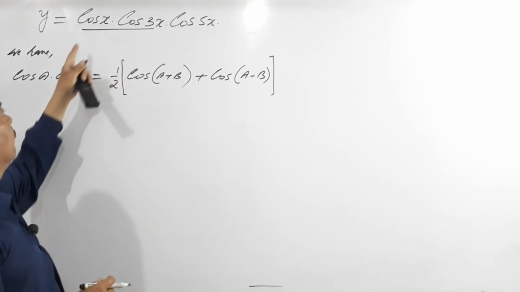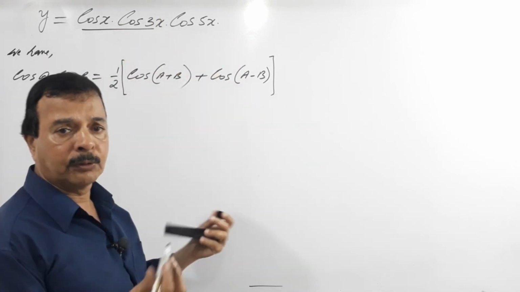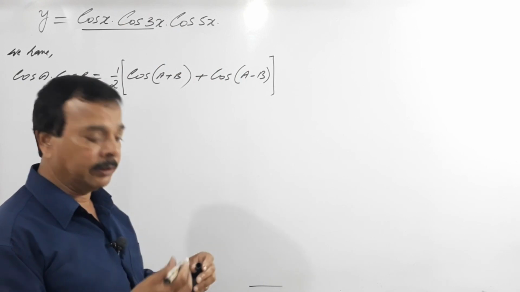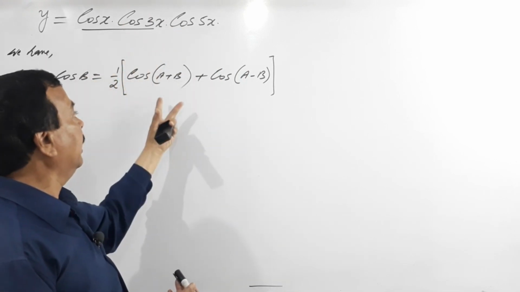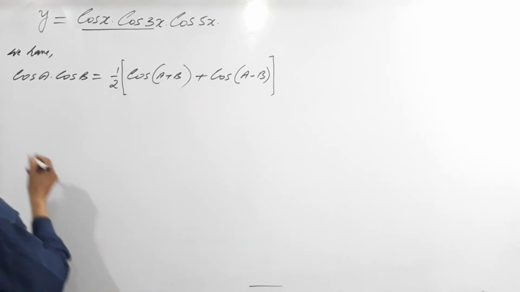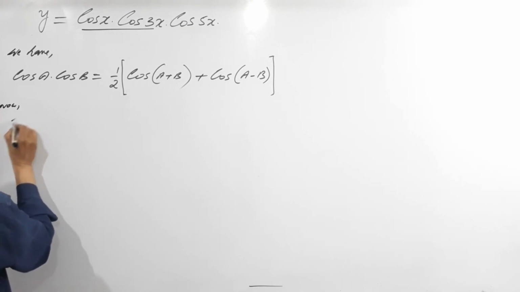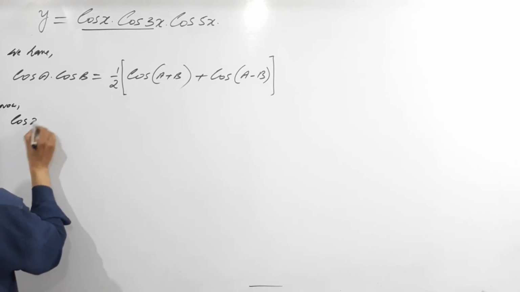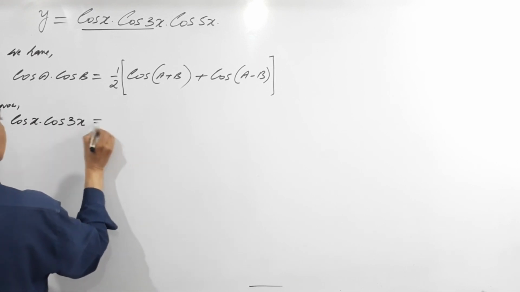So whenever they ask you cos x into cos 3x into cos 5x, first take two terms and apply this formula, then go ahead. In the above case, cos x cos 3x equals what?